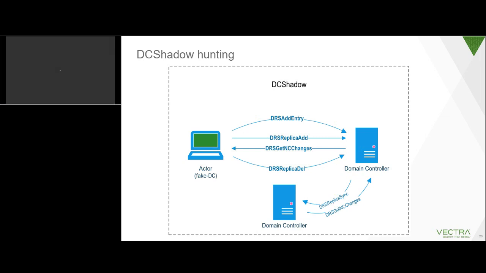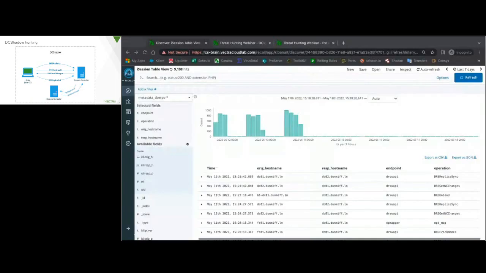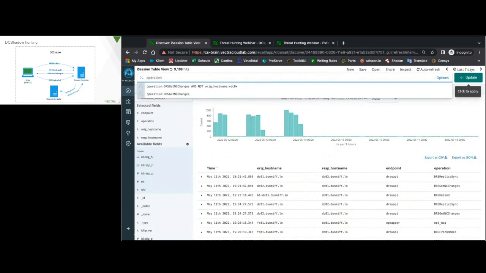Thank you, Matt. Sharing my screen once again. So we are going to continue using the previous metadata stream, DCRPC, and the same 7-day time frame to hunt for DCShadow. Instead of searching for the operation DRS get NC changes, we instead want to search for records with any operations that fall under DRS add entry or DRS replica add or DRS replica del.